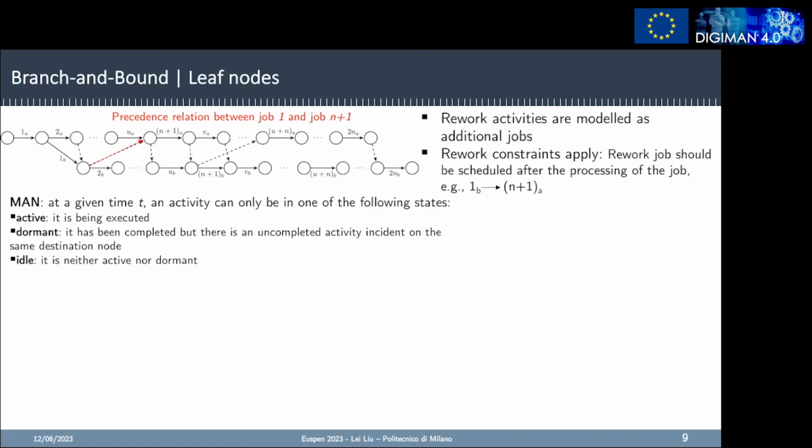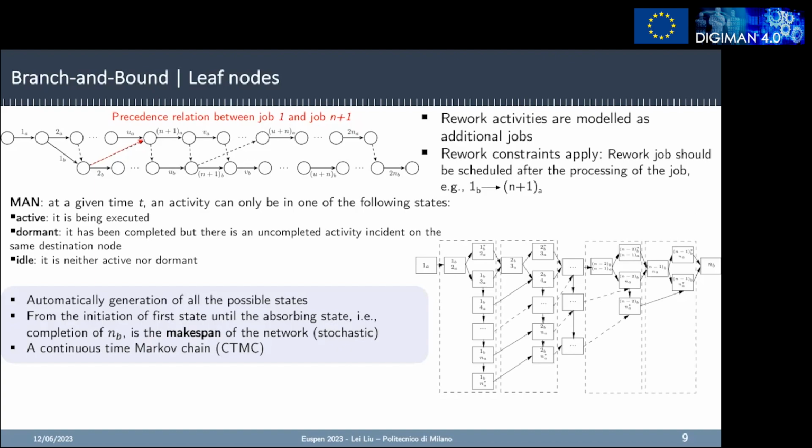So we can automatically generate all the possible states. And from the first state until the observed state is the makespan of the network. This is finally a continuous time Markov chain. Then we can evaluate the distribution from the infinitesimal matrix of this Markov chain.